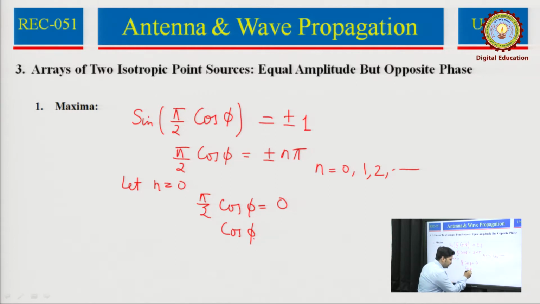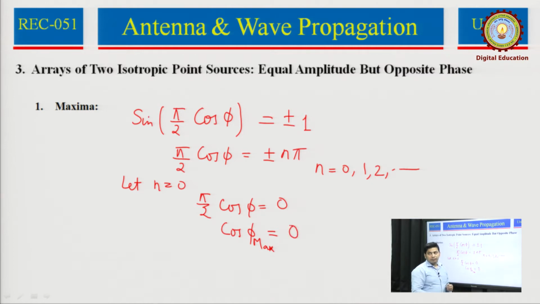Every abbreviation uses a capital M, as we discussed earlier, so phi max, or phi m, you can rewrite it, it is up to you, is equal to that value.